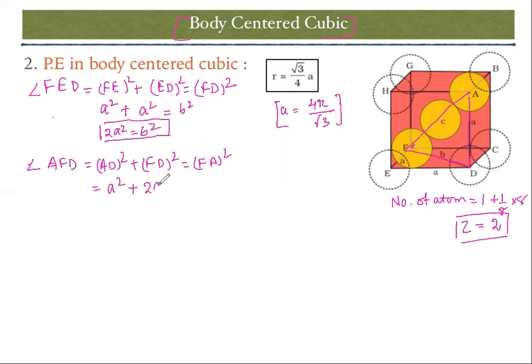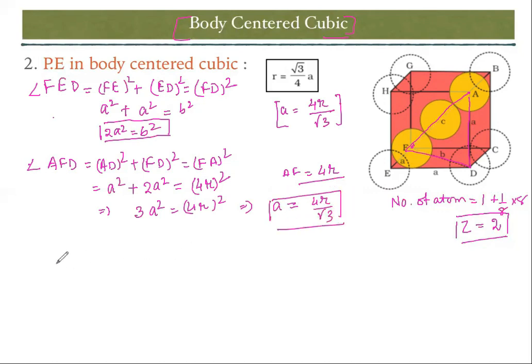So 2A square is equal to AF square. Can I write this AF distance as 4R? Yes. This is the complete atom, so this is R, this is 2R, and this is R. So I write 4R whole square. Now let us solve: 3A square is equal to 4R whole square. So the relation is A is equal to 4R by root 3. Now, as we already discussed, packing efficiency.